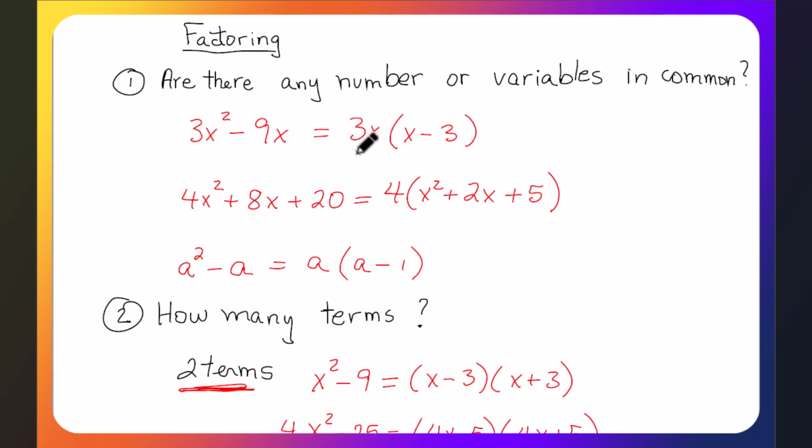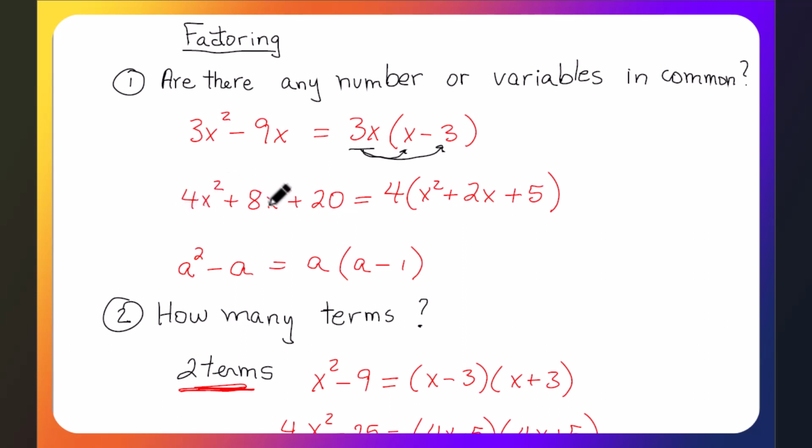Now, whatever you take out, you can always verify that it works, because if you multiply it back together, you should get back what you started. So 3x squared minus 9x. On the second one, you have 4x squared plus 8x plus 20. All right, it has three terms.